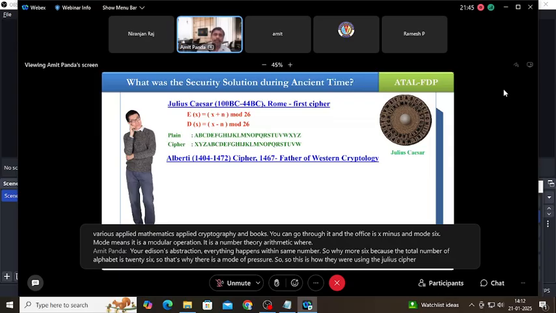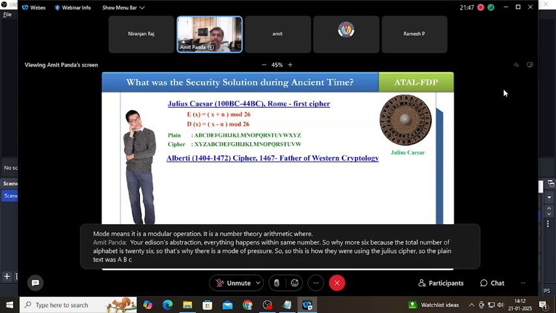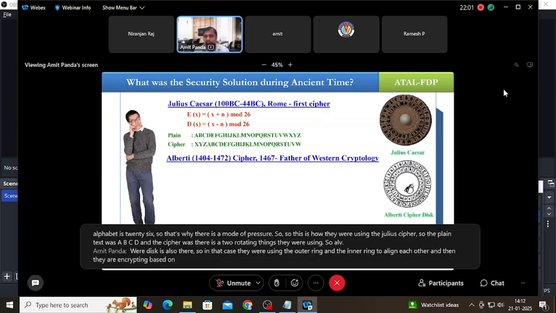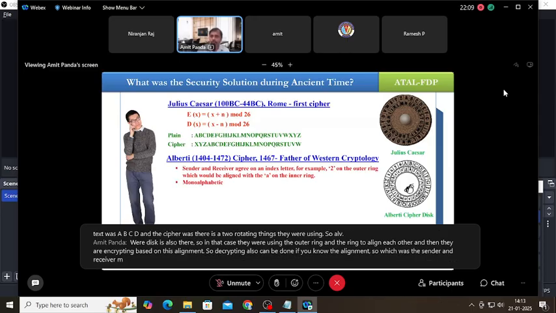The plaintext was ABCD, and for the cipher they used two rotating things. The Alberti cipher disk is also there. In that case, they were using the outer ring and the inner ring, aligning them with each other, and encrypting based on this alignment. Decrypting can also be done if you know the alignment, so the sender and receiver must have this alignment number.